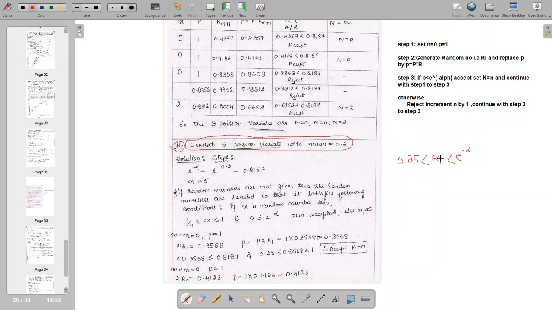Assume all the random numbers between 0.25 and e to the power of minus alpha, so that the assumed random numbers are going to be accepted.